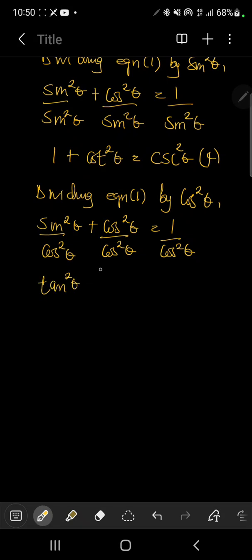Then we divide by cos squared theta each term: sine over cos gives us tan squared theta, then cos over cos gives us 1, is equals to 1 over cos, this gives us sec squared theta, and we can call this equation 5.